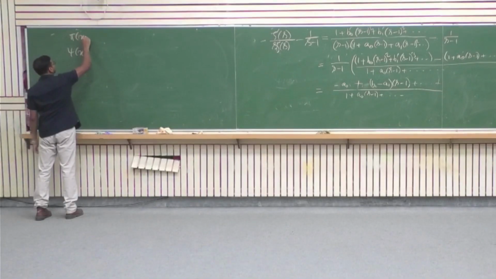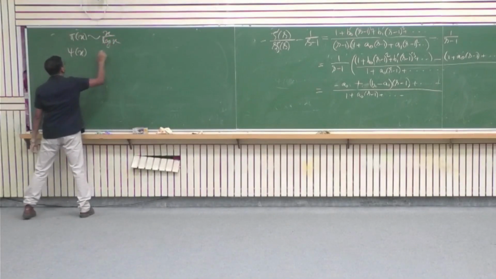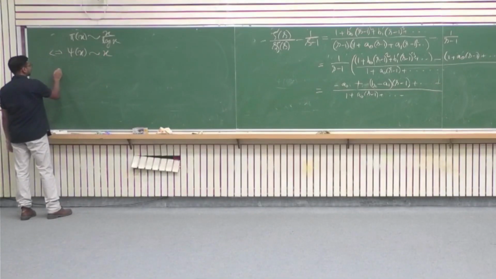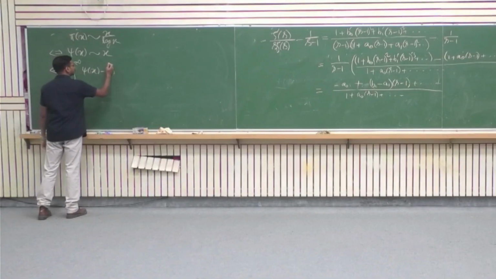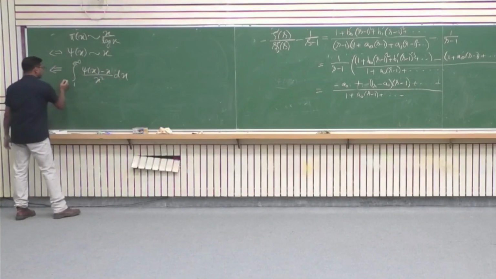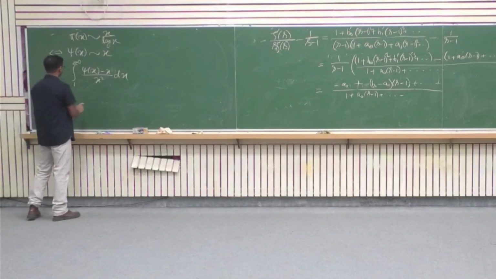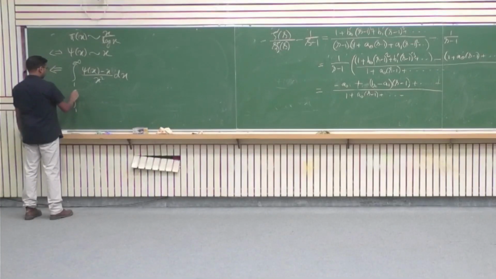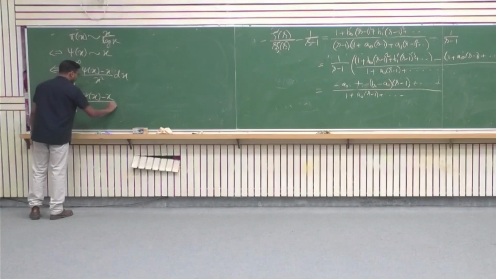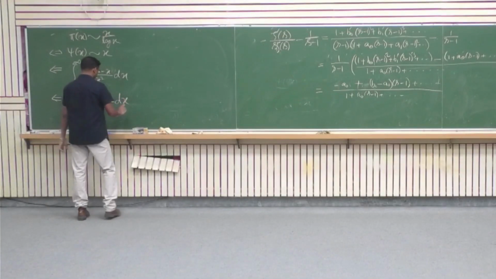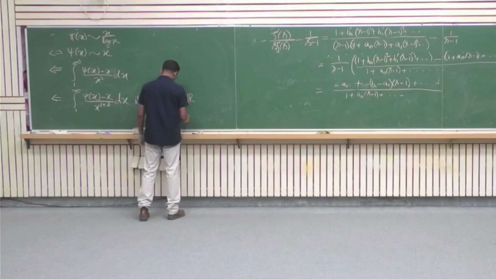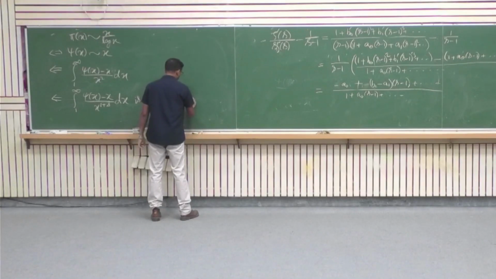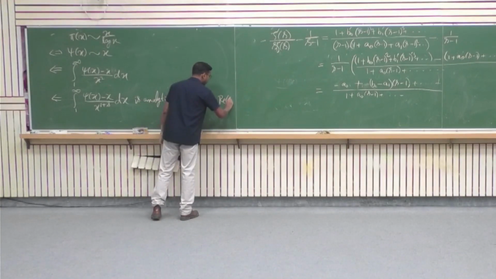Earlier we have shown that pi x is equivalent to xi x being asymptotic to x, and this is implied by the convergence of the integral from 1 to infinity of xi x minus x by x square dx, and this would be implied by the fact that the integral from 1 to infinity of xi x minus x by x power 1 plus s is analytic in the region real part of s greater than or equal to 1.